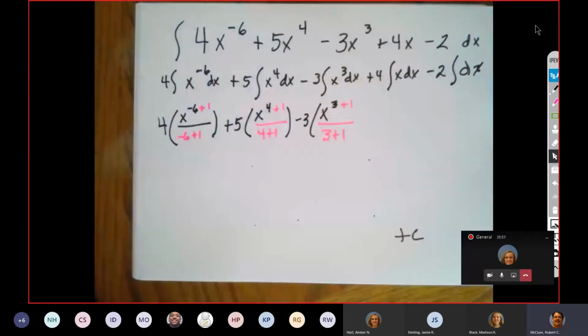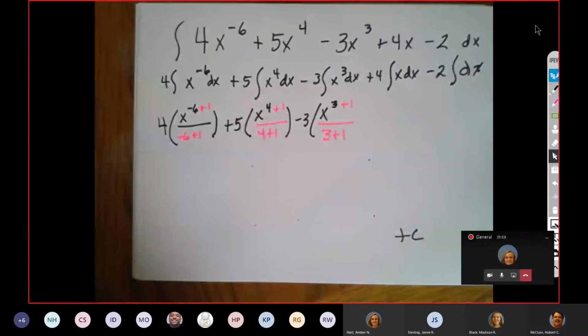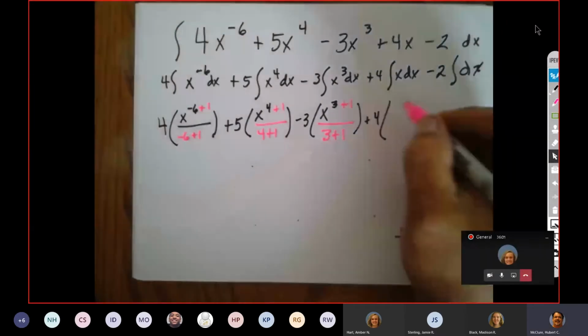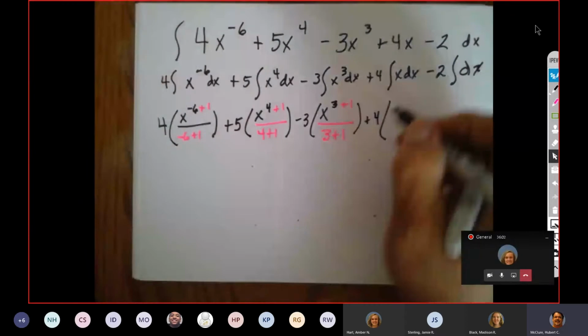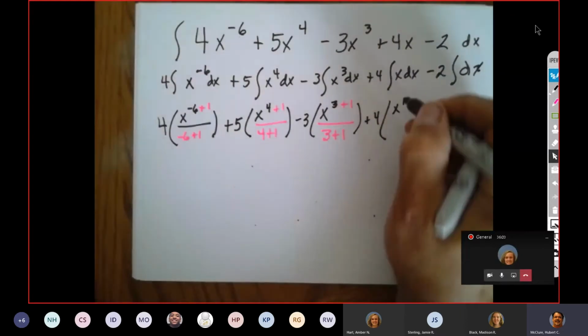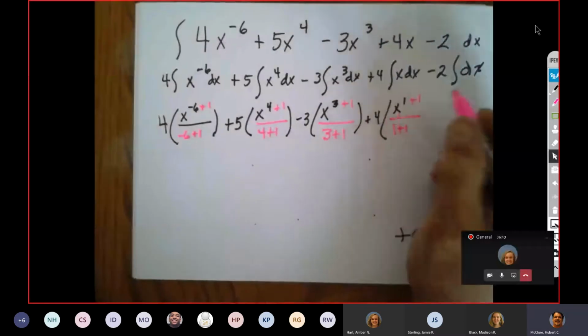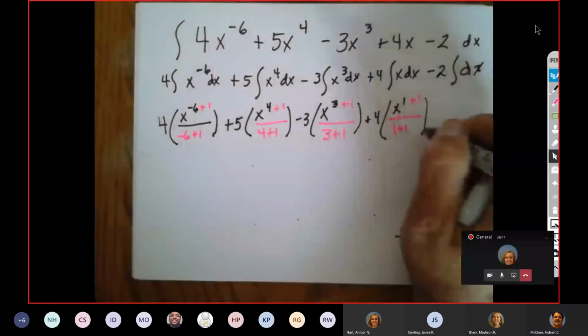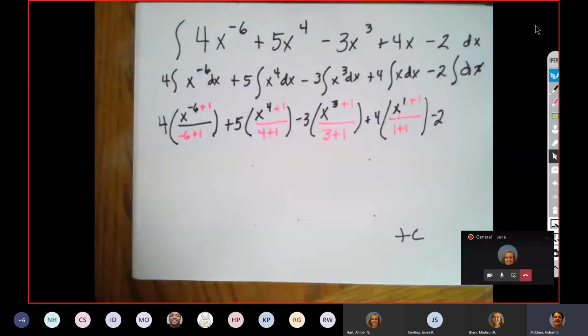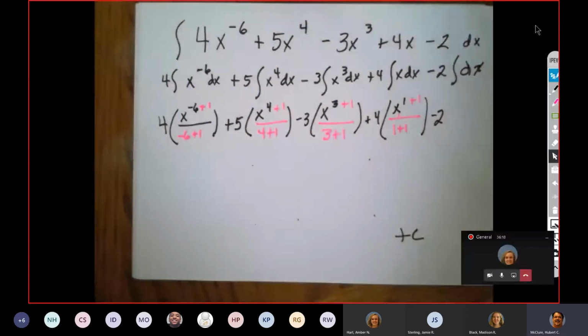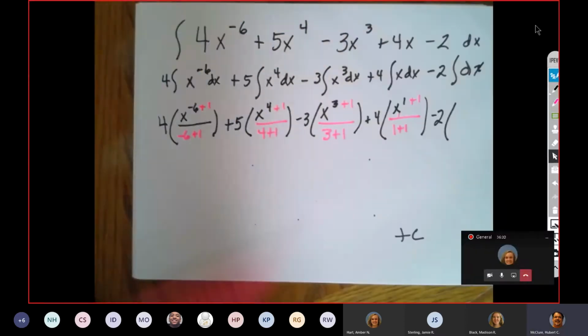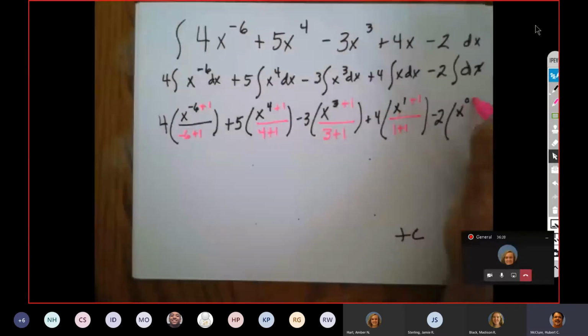plus 4 parentheses x to the 1 plus 1 over 1 plus 1, negative 2 times x, sorry, x to the 0 plus 1 over 0 plus 1.